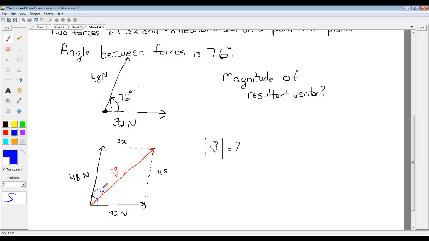With this being a parallelogram, these two angles have to be supplementary. All four angles add up to 360, and opposite angles are congruent, so these two have to add up to 180, and these two have to add up to 180. So this angle here must be 104, and so must this angle.